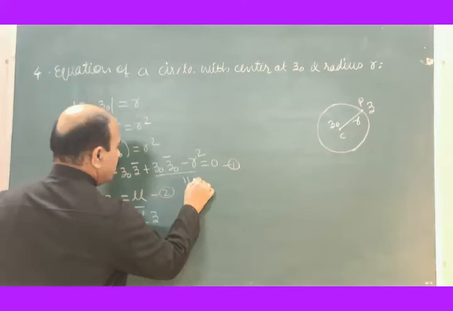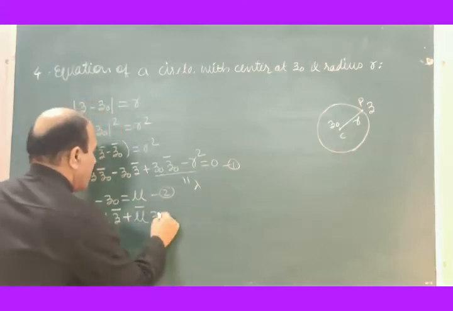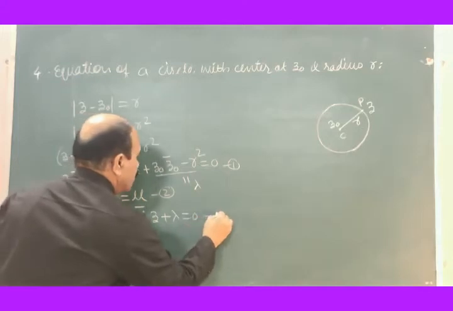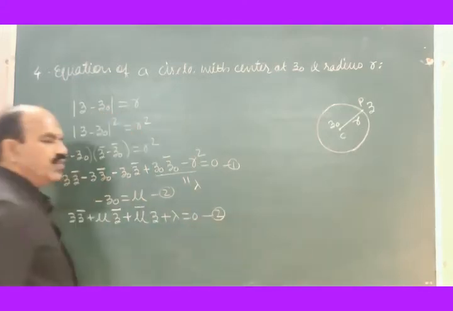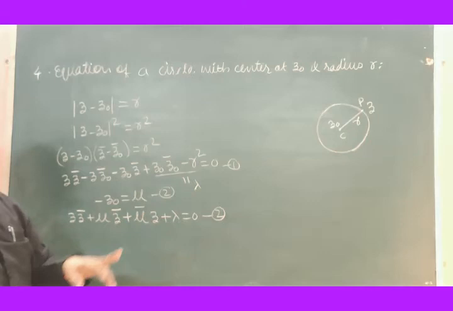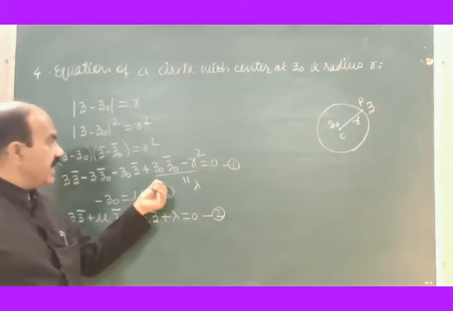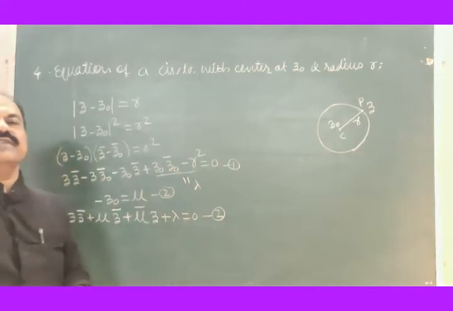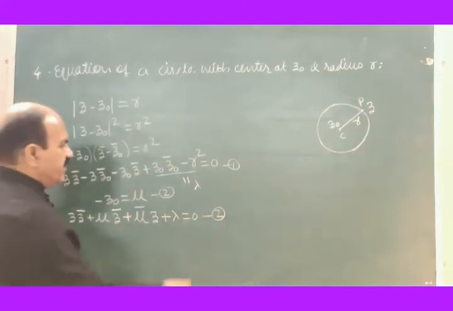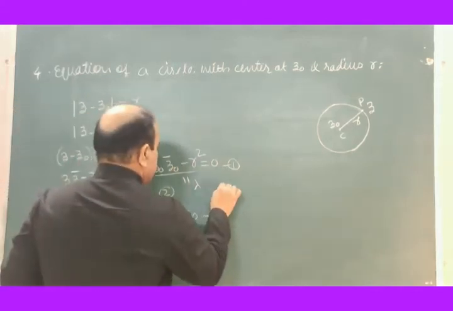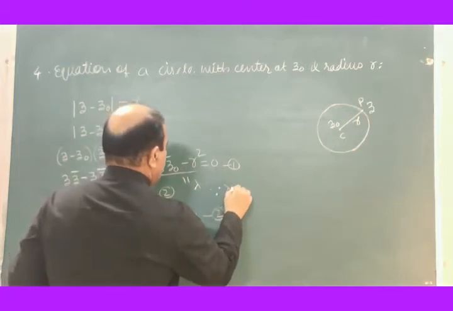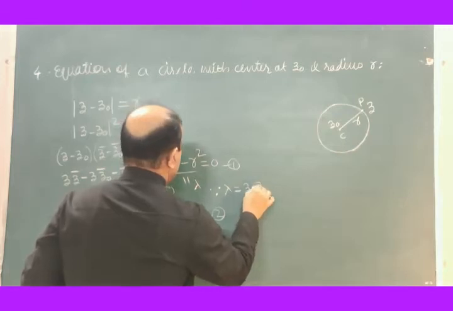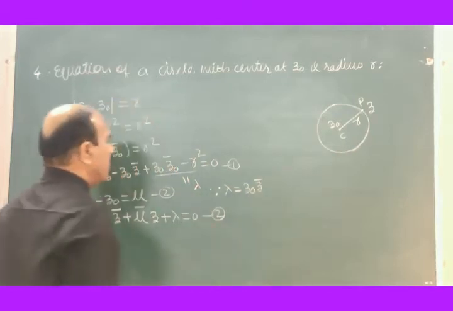For these two terms, let us consider lambda. Plus lambda is equal to 0, equation 2, where lambda is real. Lambda is given by z0 bar minus r square is equal to lambda.